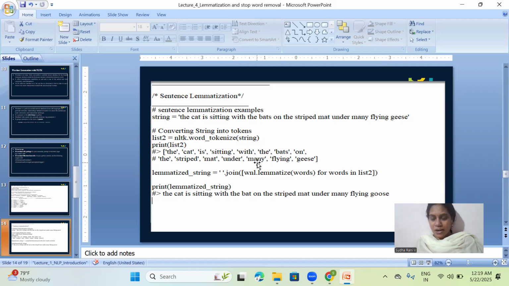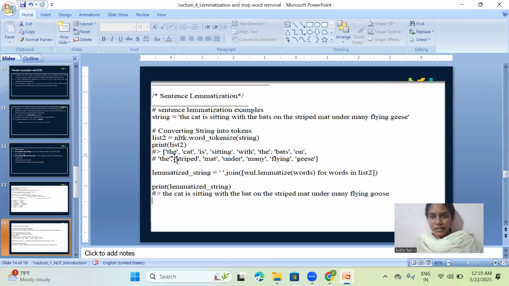Tokenization was already discussed in the text pre-processing techniques. Tokenization is a method used to divide a sentence into single words. This is a sentence: the cat is sitting with the bats on the striped mat under many flying geese. Before applying lemmatization, first we have to apply tokenization.